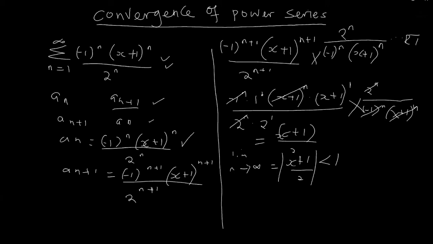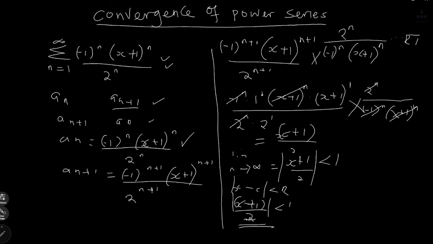The second rule states that there exists a real number R greater than 0 such that the series converges absolutely for the absolute value of x minus c less than R. So when you have the absolute value of x minus c less than R, this is when the series is converging. Looking at what we have just gotten, we have the absolute value of x plus 1 divided by 2 less than 1.